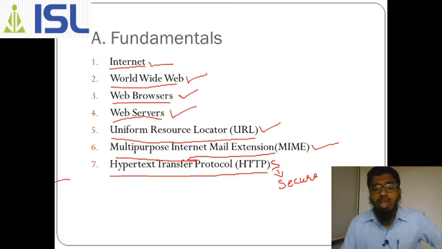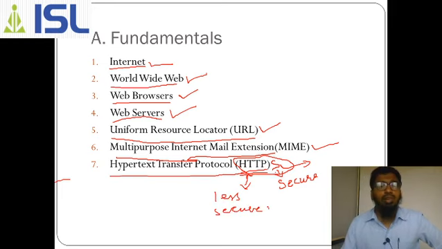Okay, same thing, HTTP and HTTPS will be there. HTTPS means it is more secure, but if we have only HTTP, it is less secure. Okay, fine. Thank you very much.